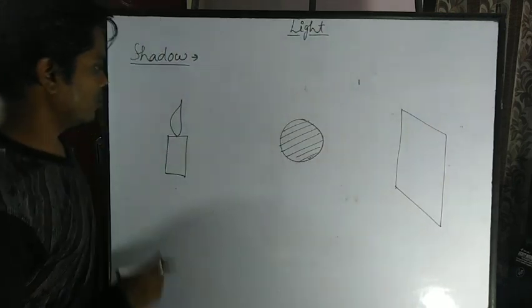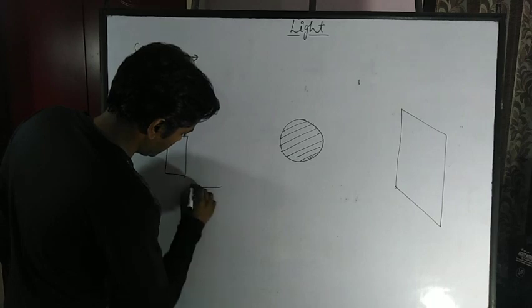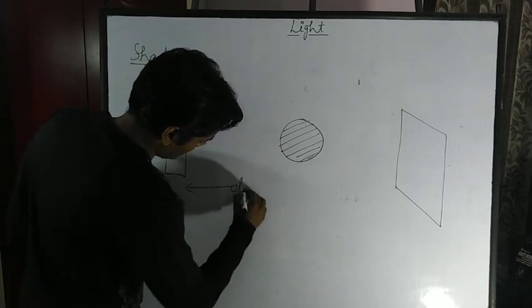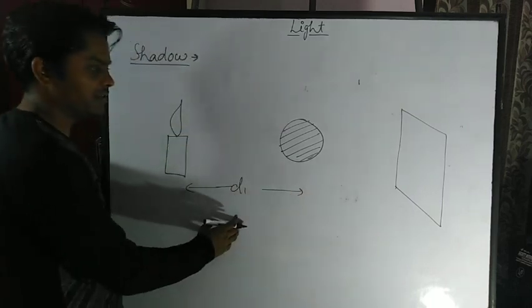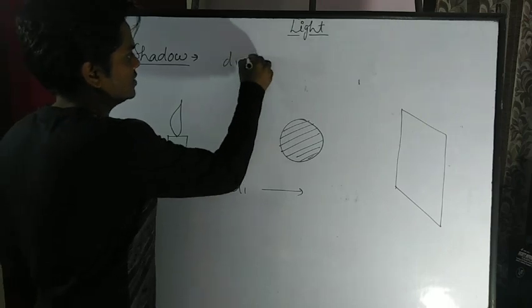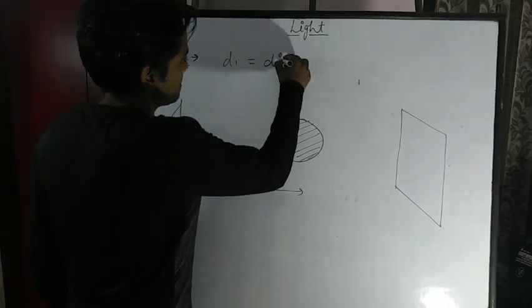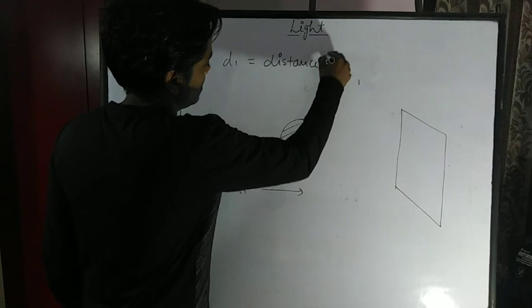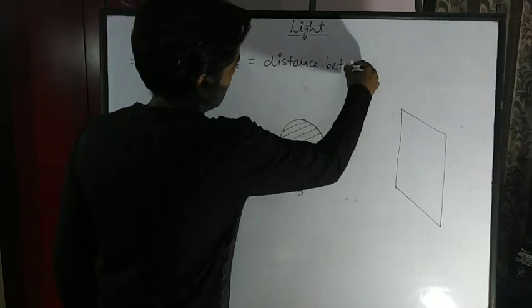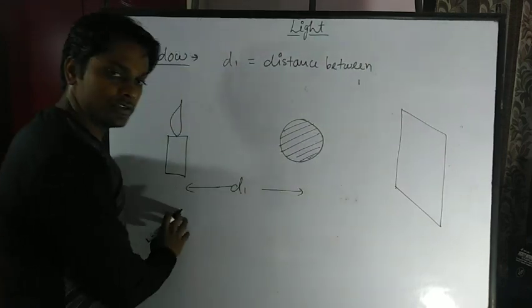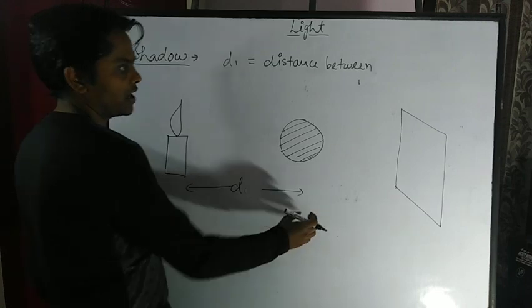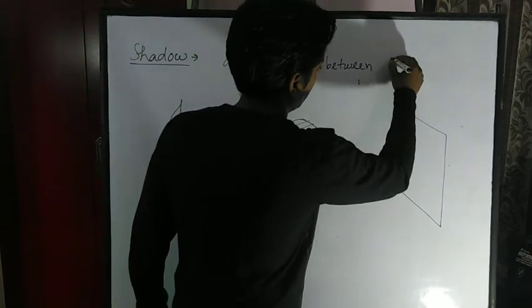Here is some distance, we can say d1. d1 is the distance between the light source and the opaque object.